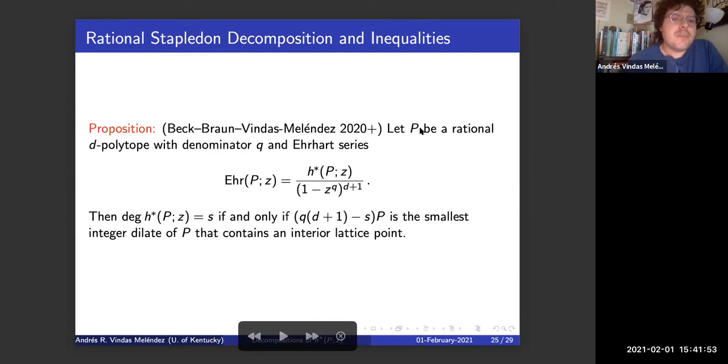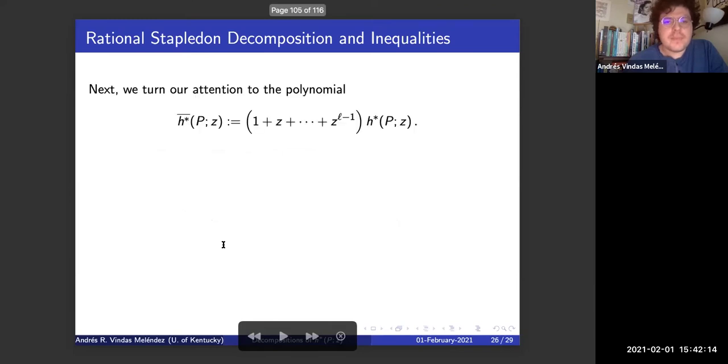If I take a rational polytope with denominator q, and it has this Ehrhart series, then the degree of the Ehrhart series is S if and only if this value here is the smallest integer dilate of that polytope that contains an interior lattice point, okay? And so it'll come up in just a bit why we needed that proposition.